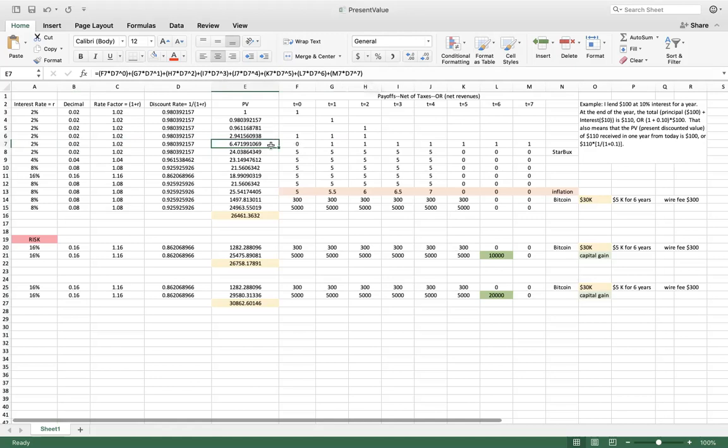I'm assuming I would buy the bond for $6.47 today, and then I would get no immediate payoff. But a year from today, I would get $1. 2 years, I'd get $1. 3 years, I get $1, and so on for 7 years. So at 2% interest, that would be worth $6.47 today.